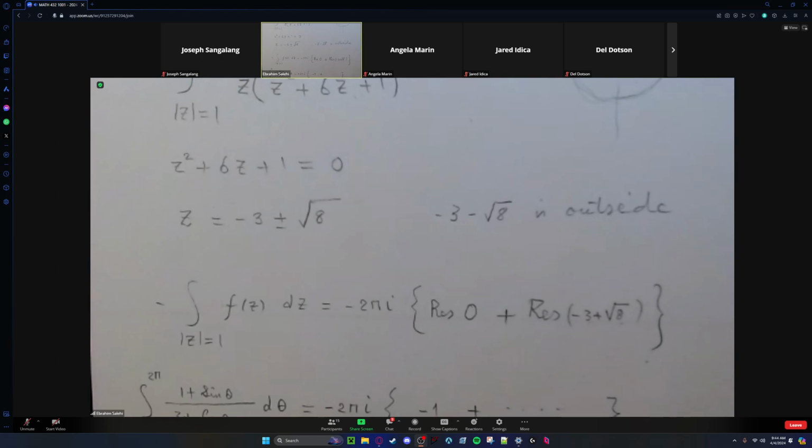I have explained it, but sometimes it might be a little bit manipulative. You need to do some algebraic work to find, for instance, like this one, the residue at that point. Okay.